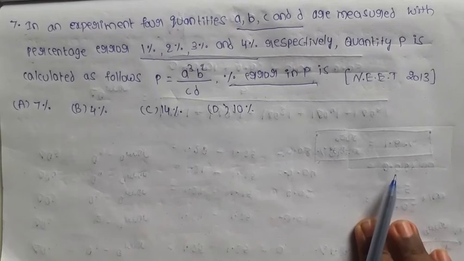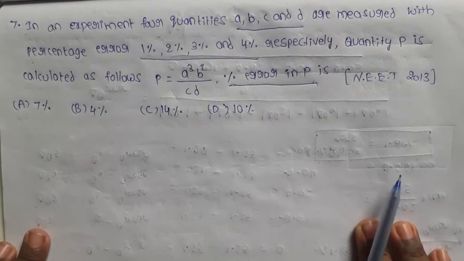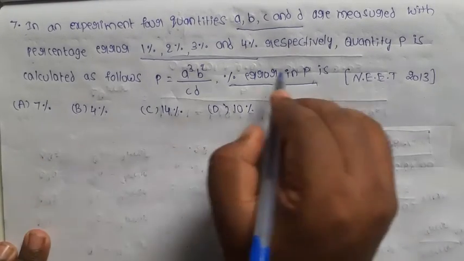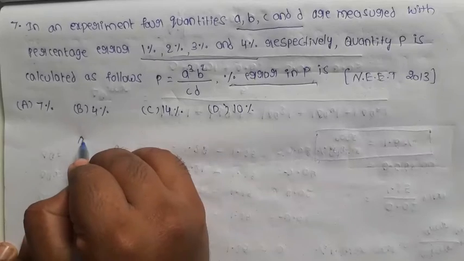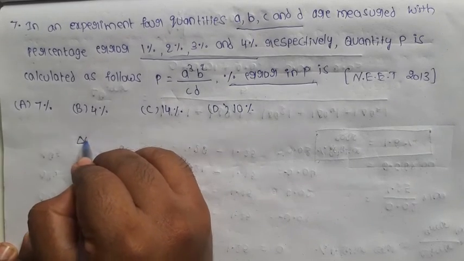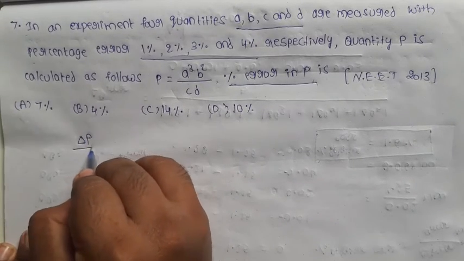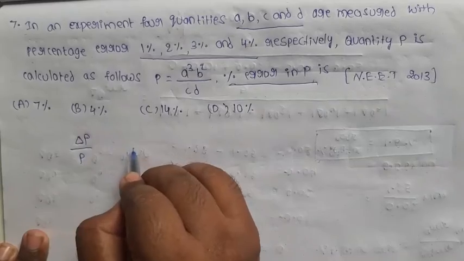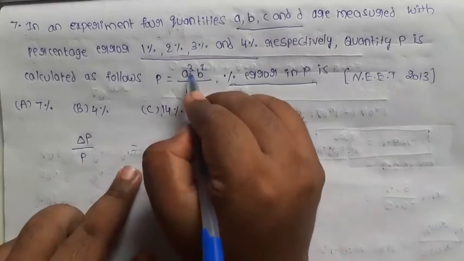First of all, I am writing the formula for percentage error of P. So percentage error of P we can write as delta P, the error value, by the original value, is equal to A cube is there.